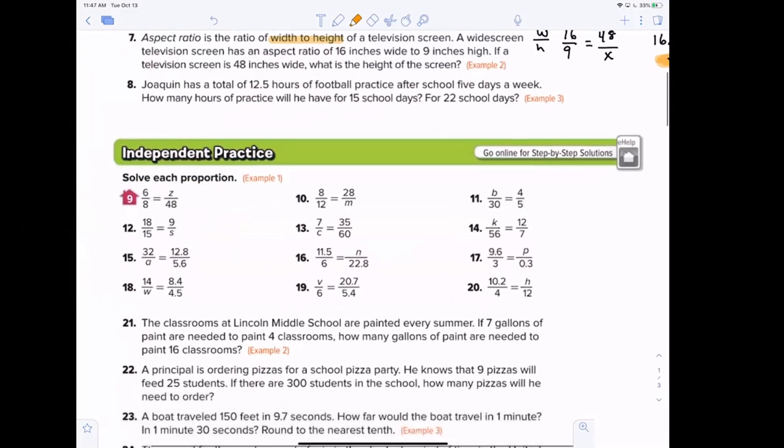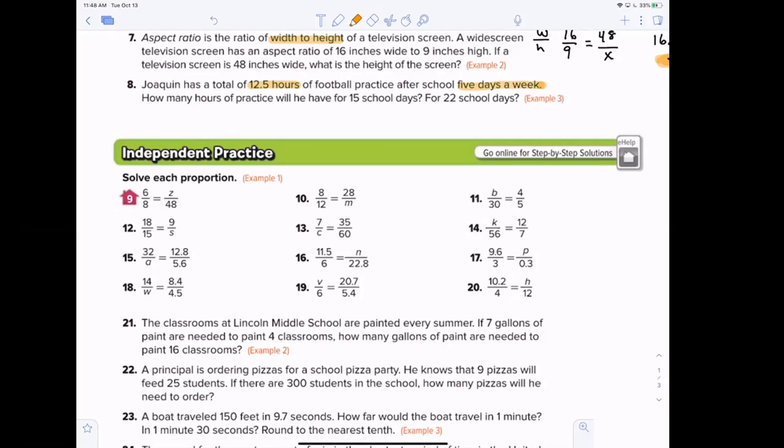All right, here we go. Cole, you're up. Say it again. Well, just read it for me. Joaquin. So what is he comparing?